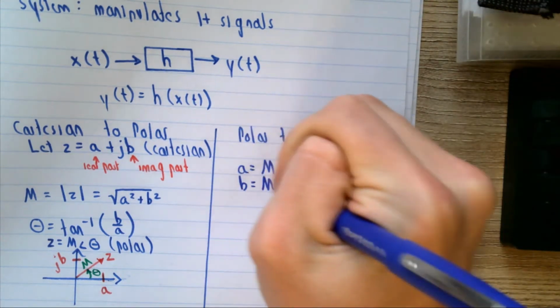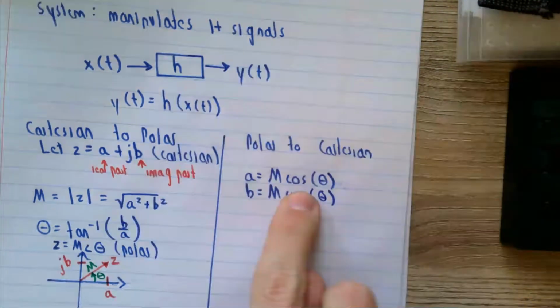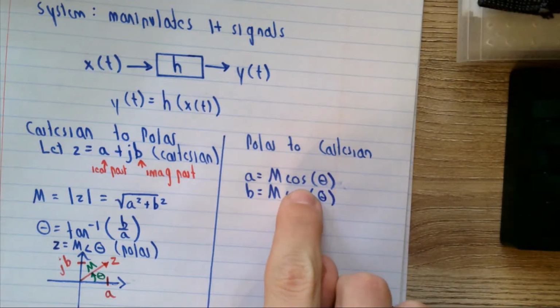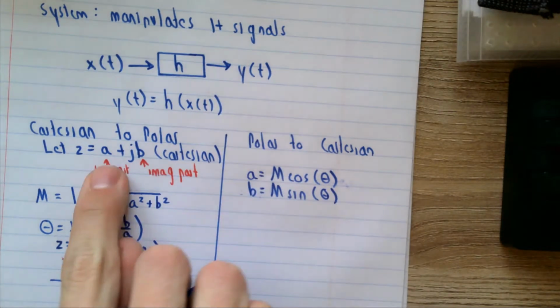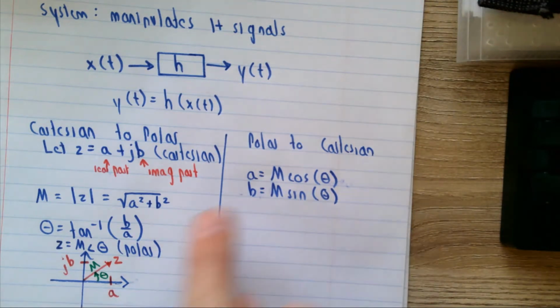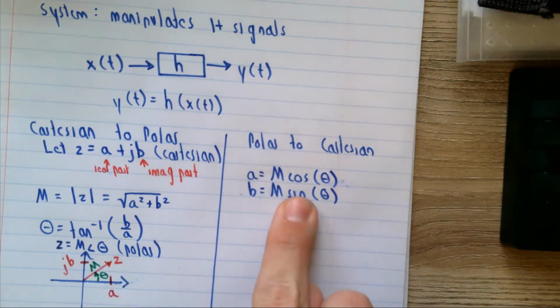The reason is because cosine is 1 along the x-axis, so that's going to give us our term along the x-axis, because we know a is how much we go in the x direction, and b is how much we go in the y direction, and that's where sine comes in, when you do sine of pi over 2, that gives you 1.